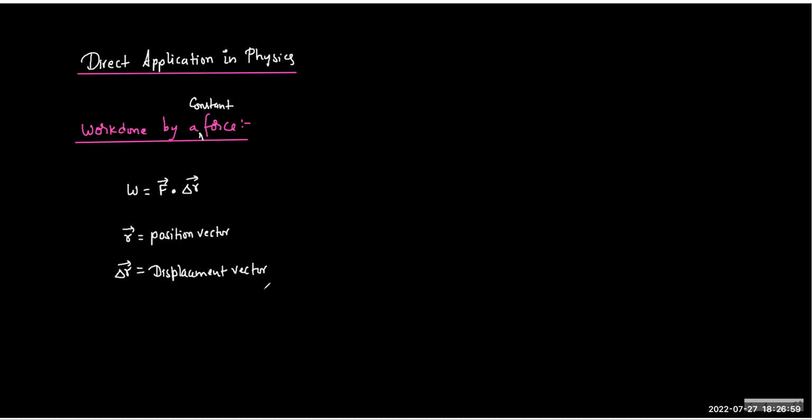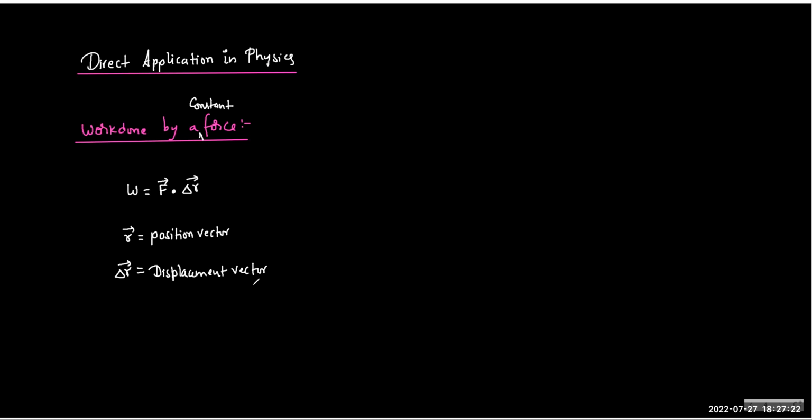So if someone asks you to define displacement, how are you going to define it? The minimum change in position vector over a certain period of time. So there is nothing like minimum. It is simply change in position vector.